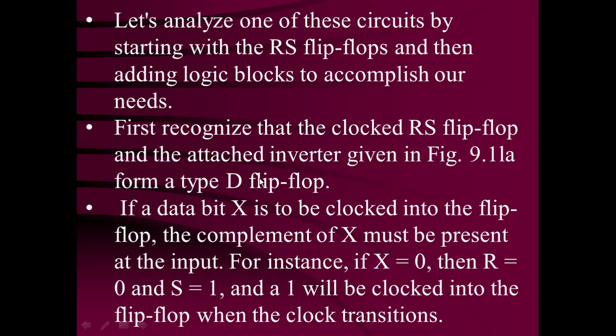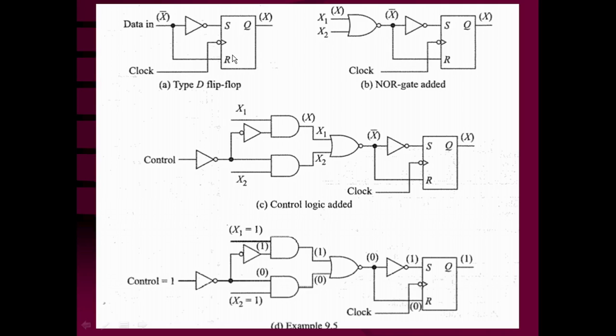That means here the clocked RS flip-flop is going to be utilized, which is negative edge triggered. Between R and S, an inverter is utilized, and hence this RS flip-flop is converted into a clocked D flip-flop. That we are going to see in figure 9.11a.